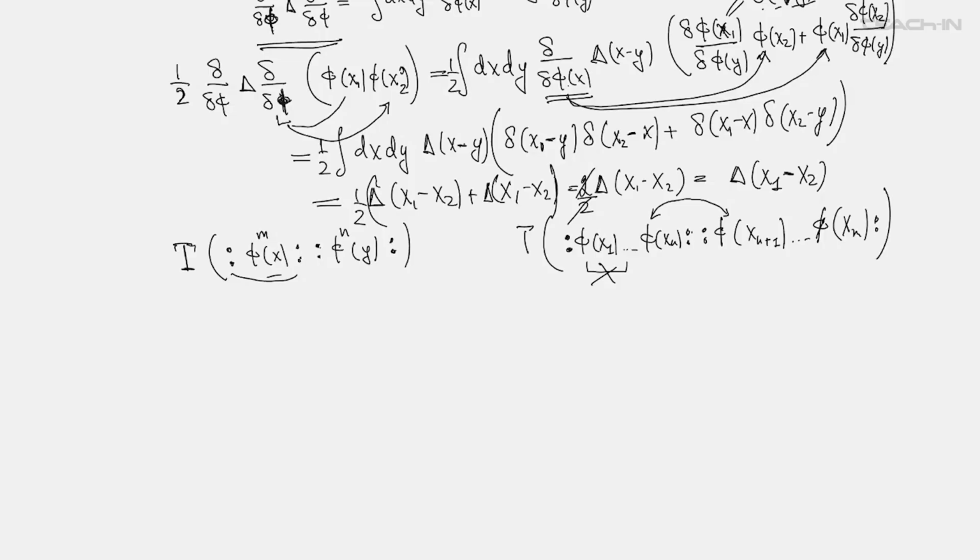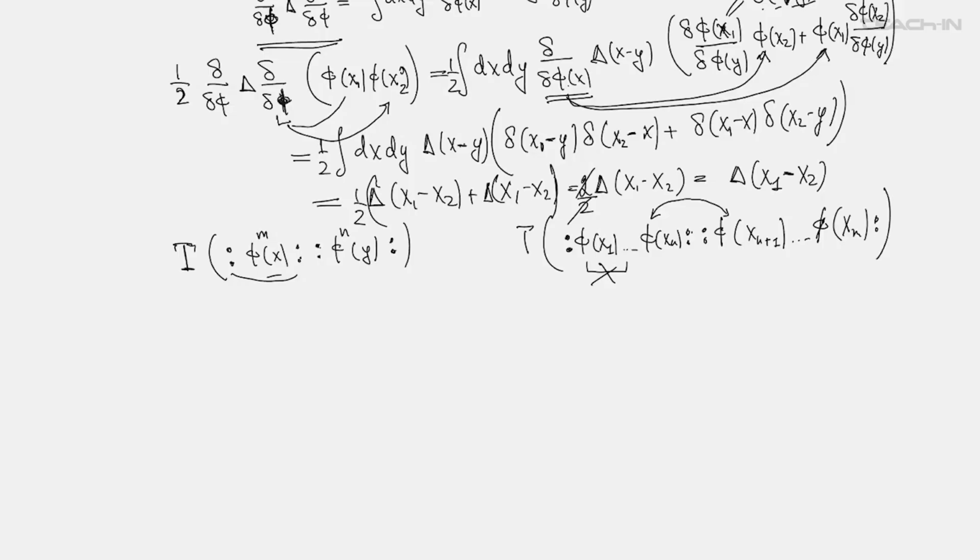But you don't need to take contractions between the fields which already sit under the sign of the normal ordered product, because these contractions would not produce a propagator, for the reason that the fields are already normal ordered. Even if you write them in terms of the T-ordered product, the normal ordering puts you back in the situation where all creation operators stand to the left of annihilation operators. So that means that you don't need to take contractions within one and the same group.